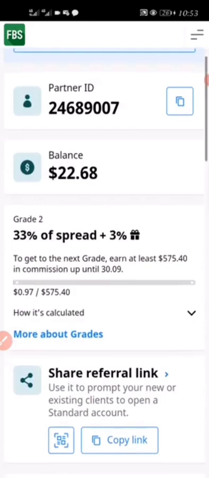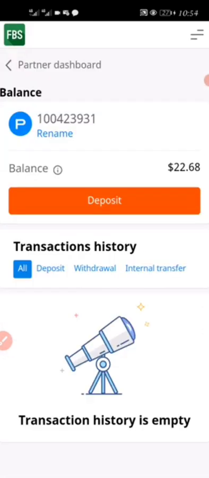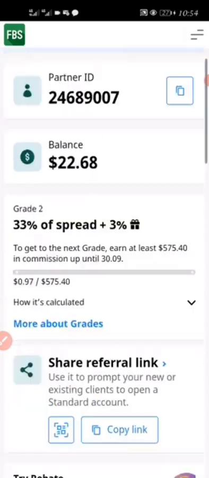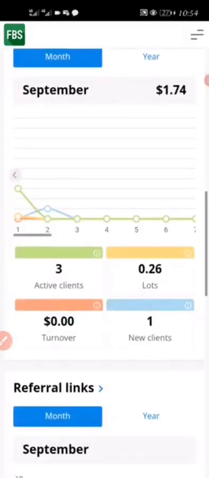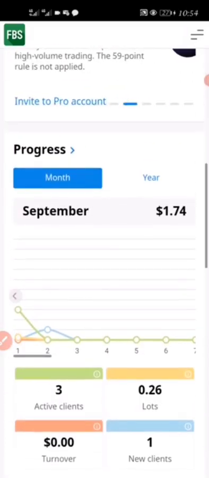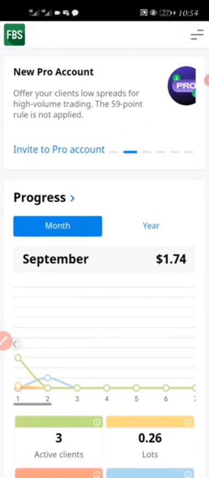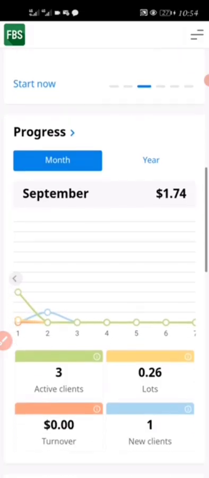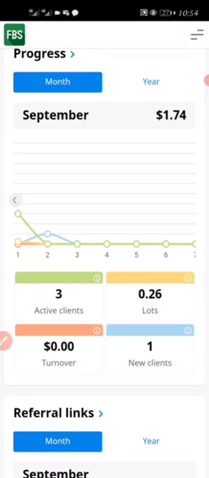If I click on this balance now, this is 2nd of September and I've already made $1.7. You can see how this is moving so fast.